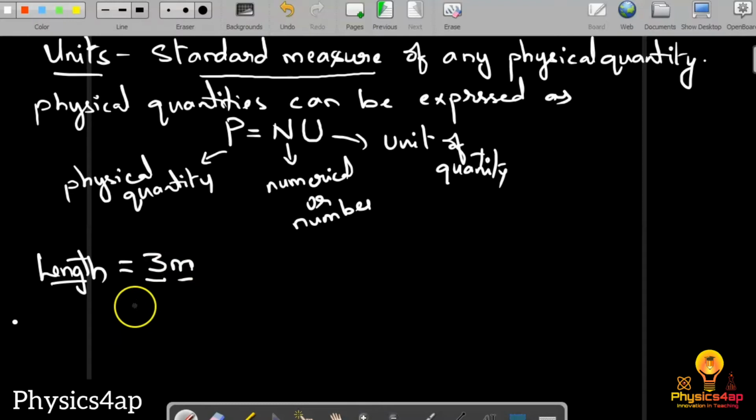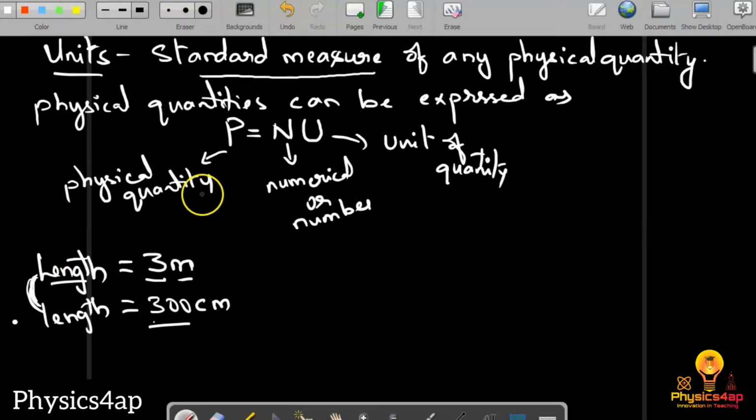ఇప్పుడు దీనినే మనం ఏ విధంగా రాసుకోవచ్చు ఒకసారి ఆలోచించండి. 3 meters ని మనం 300 centimeters గా రాసుకోవచ్చా? అవునా? So that means this 3 meters can be also written as 300 centimeters, which is also equals to the length. And ఈ రెండు ఈక్వల్ అన్నమాట. These two are equal. Okay, that means the physical quantity is a constant quantity.